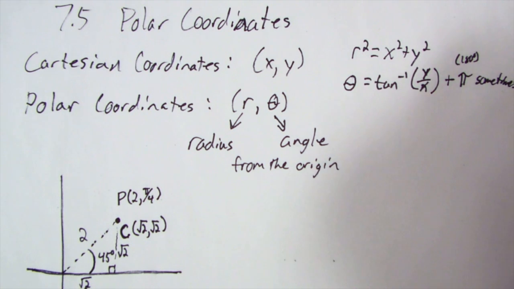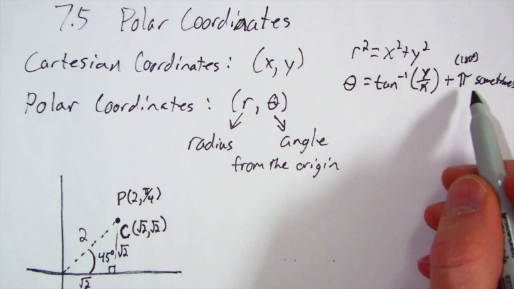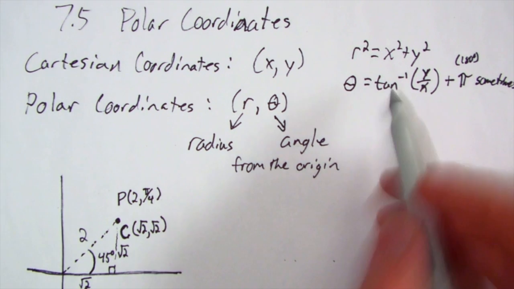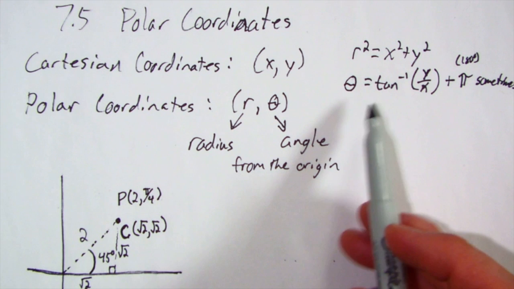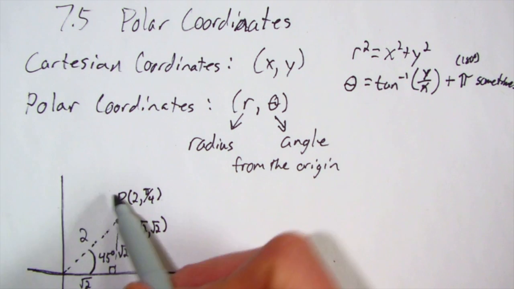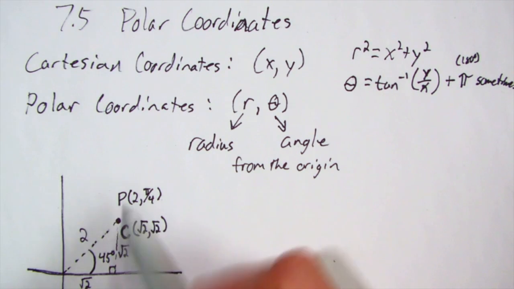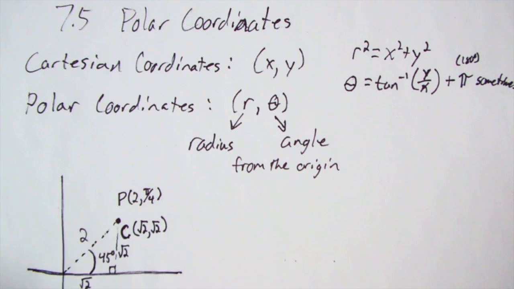It is plus pi sometimes because inverse tangent only gives you an angle in the fourth and the first quadrant when you do it in your calculator. And if it will only give you these, but you know your point is over in one of the other two quadrants, then that's where you have to do a little bit of thinking. That's why we have the plus pi sometimes.